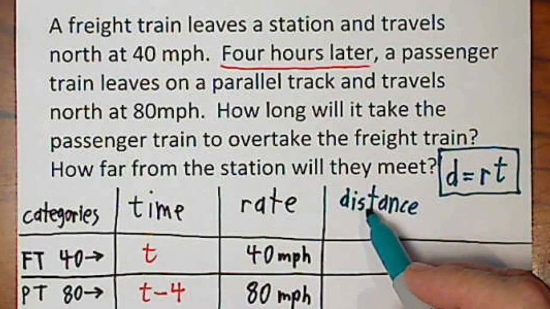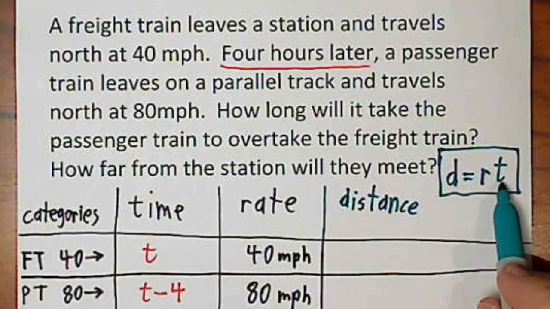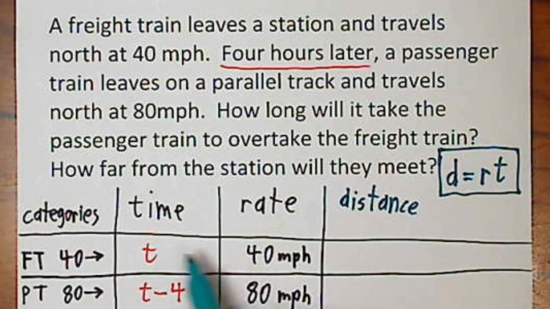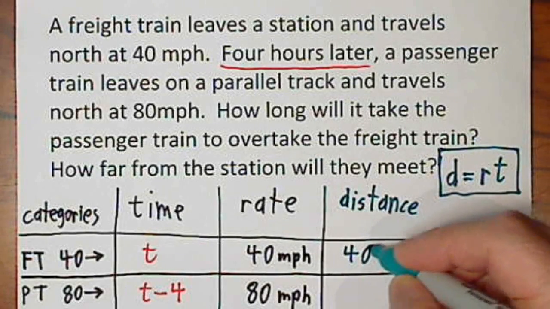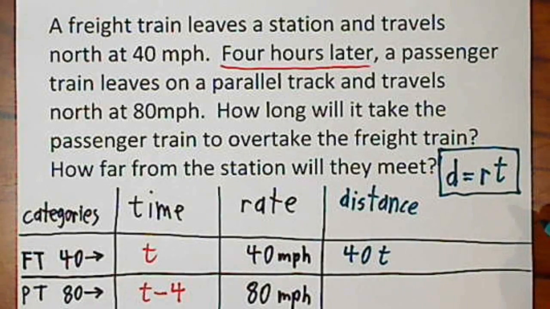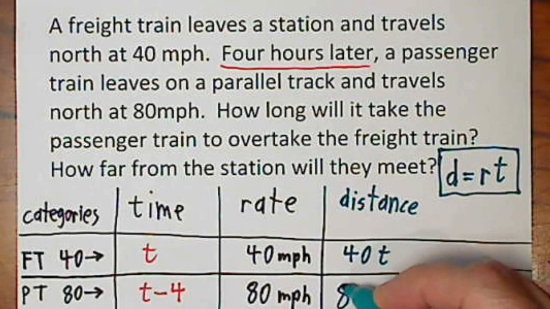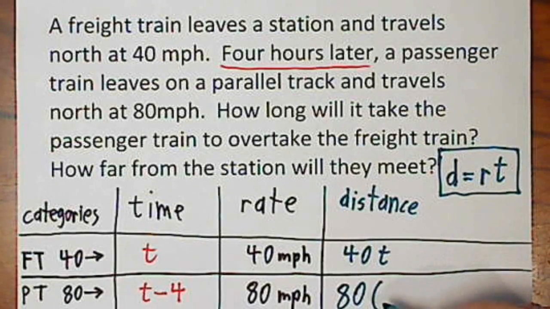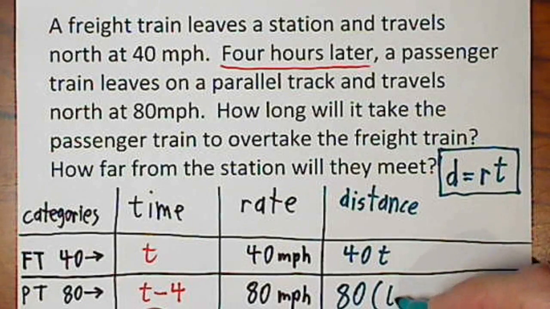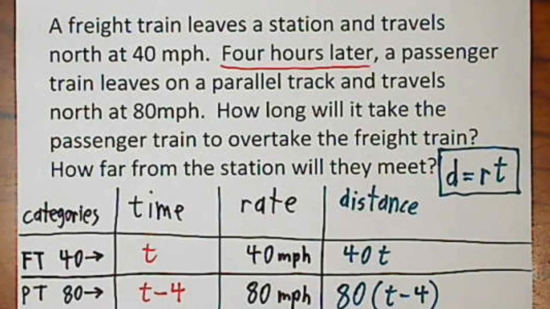But I can represent it as rate times time. So I'll just write this as 40t, and then for the passenger train, I'll write it as 80 times (t minus 4), or the difference of t and 4. Or probably the best way to say it's the quantity, t minus 4.